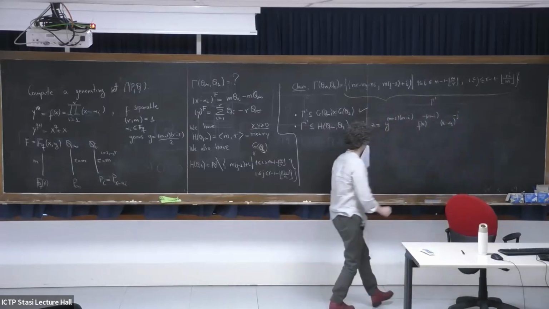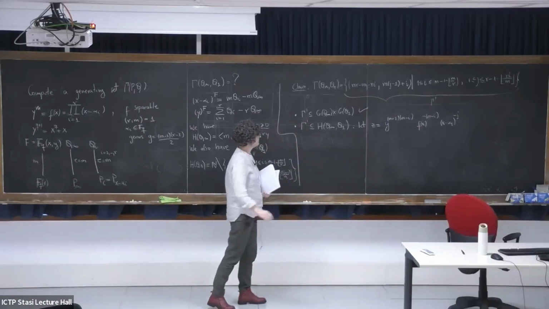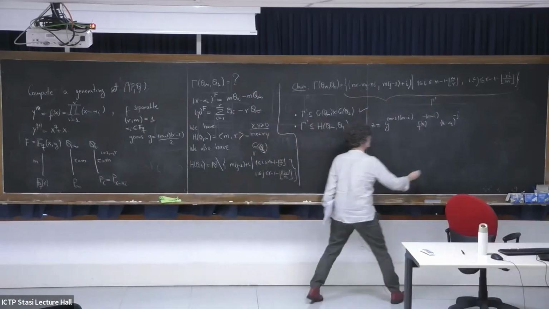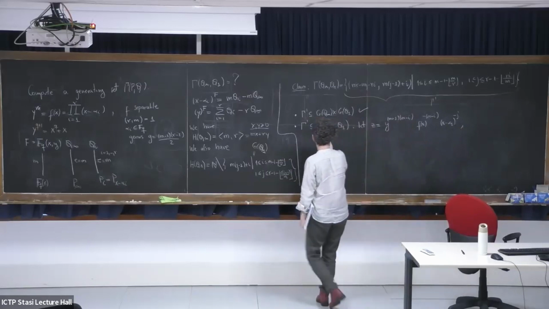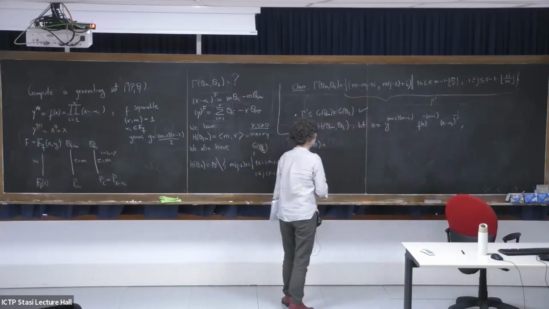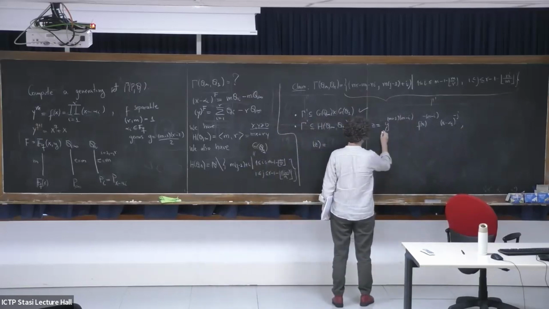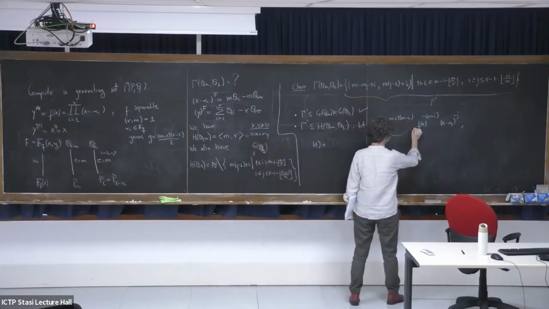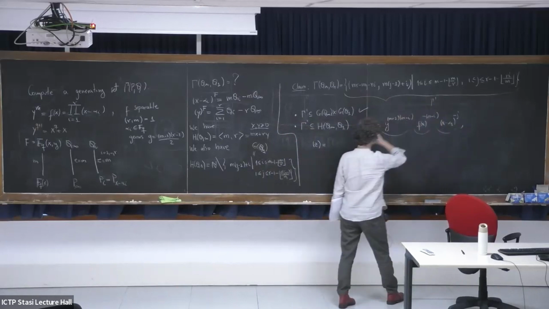And we now compute the divisor of zeta. We know how to do this because we have all the divisors. So this should be the divisor of this plus this divisor plus this divisor.